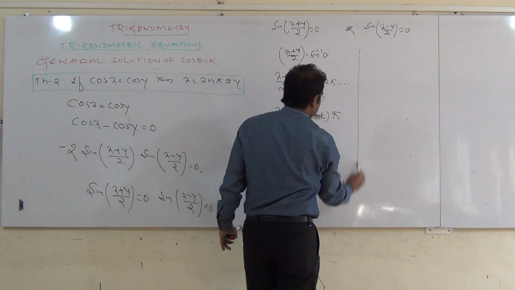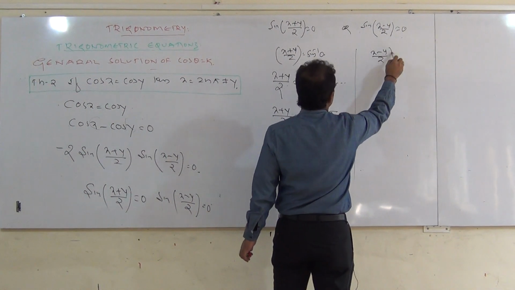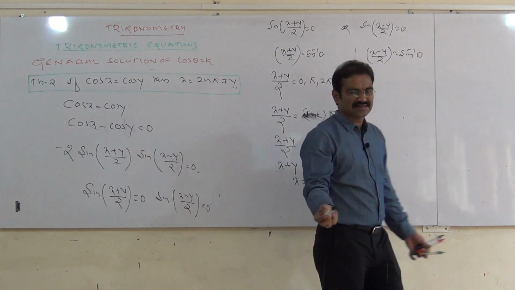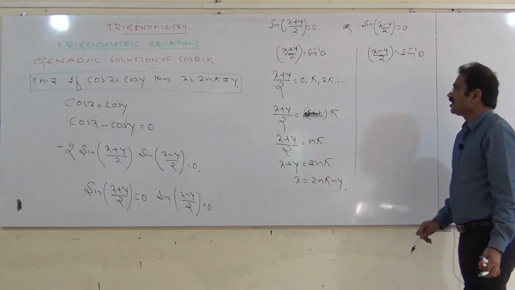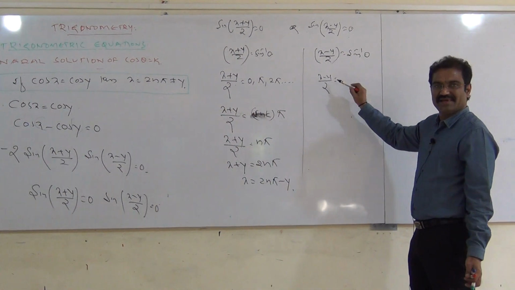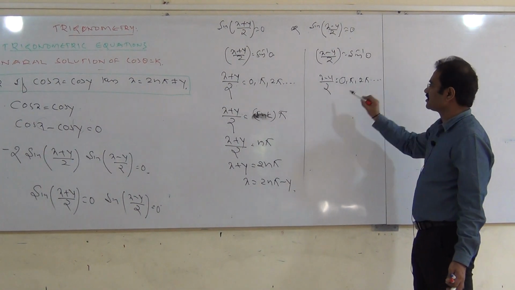Now I go for this. X minus y by 2 must be equal to sine inverse of 0. Again the same explanation: when will it be 0? 0, pi, 2 pi, and so on.